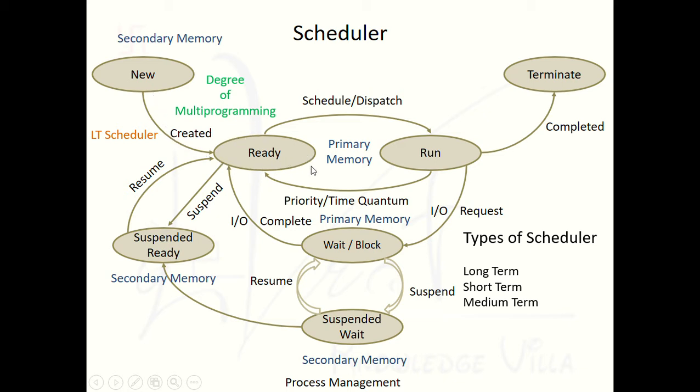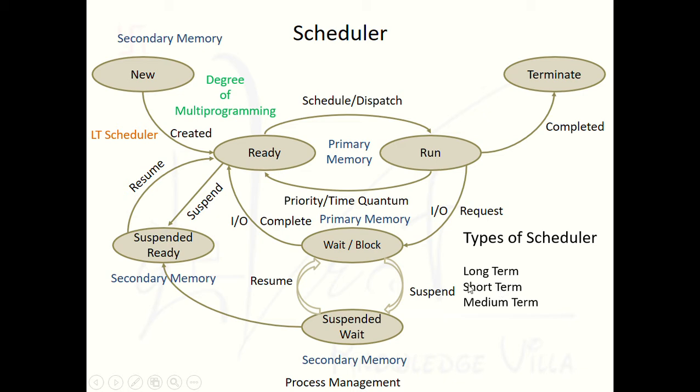But not all the processes are going to be scheduled. Out of those processes, only one process will get the CPU, because at a time one processor can run one process only. Get it? This is known as the degree of multi-programming.